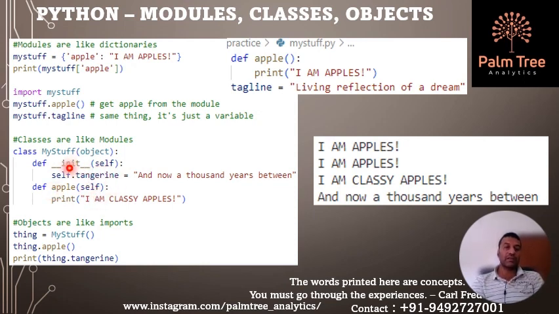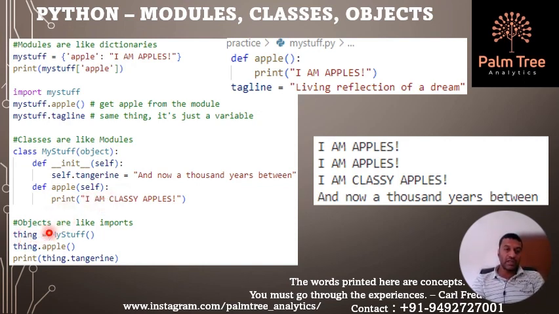Inside this there is another function, similar to what was in mystuff.py, and we are using apple with self. The self takes whatever values we are giving, and of course we are not doing any complicated expressions or mathematics here, just printing it.